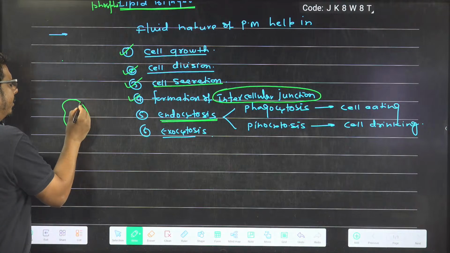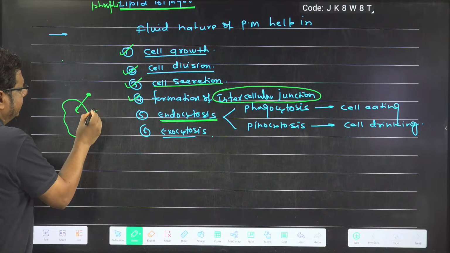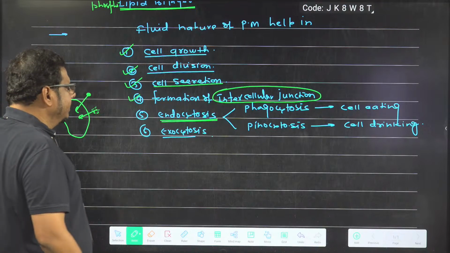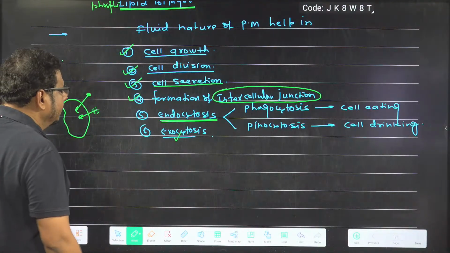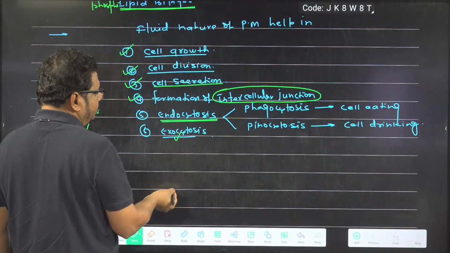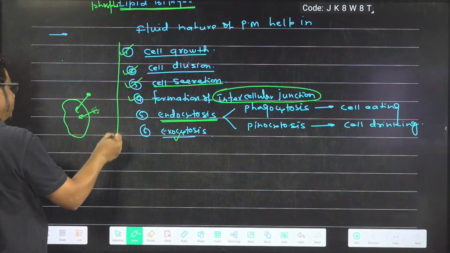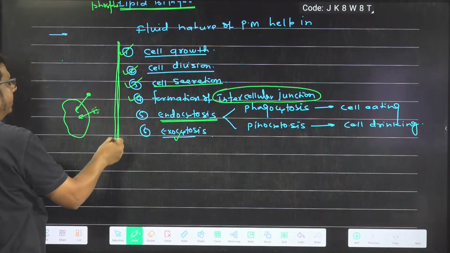If any cell takes any solid material inside, it is called phagocytosis. Any liquid material inside, it is called pinocytosis. Removing anything out of the cell is called exocytosis. So secretion occurs by exocytosis. So these are some of the functions ensured due to fluid nature of the plasma membrane.